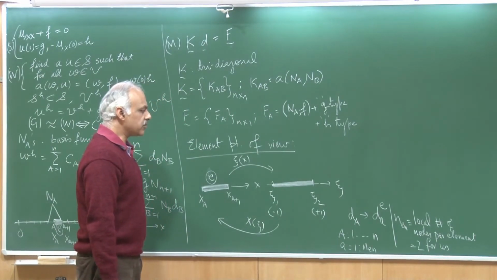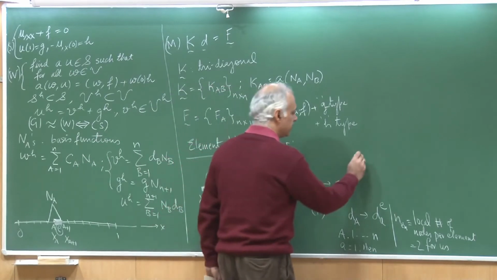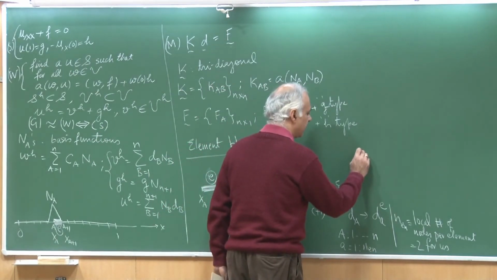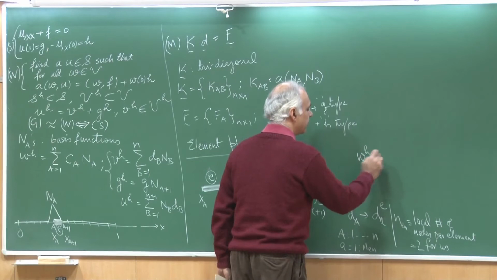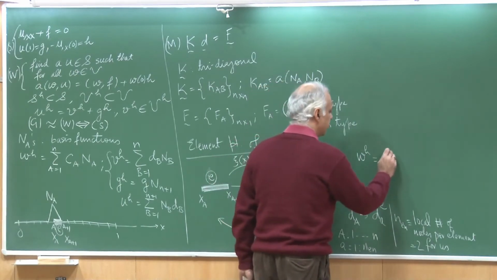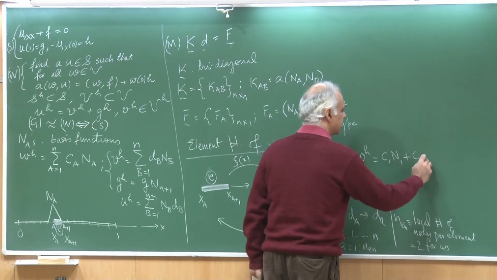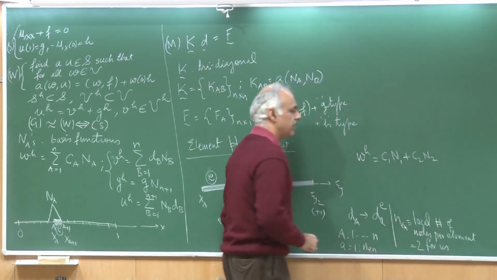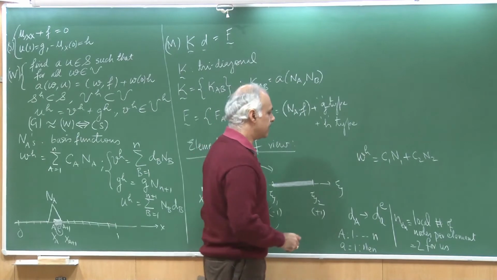We were also able to write approximations for UH and WH. So, we were able to write that WH is given as C1 N1 plus C2 N2 at the local element level.